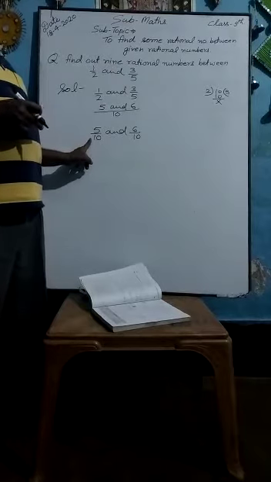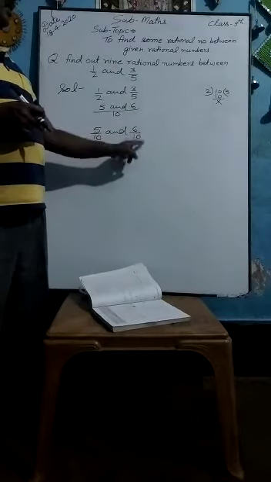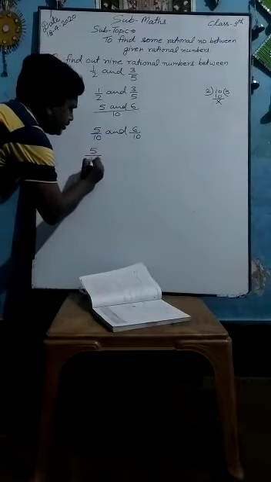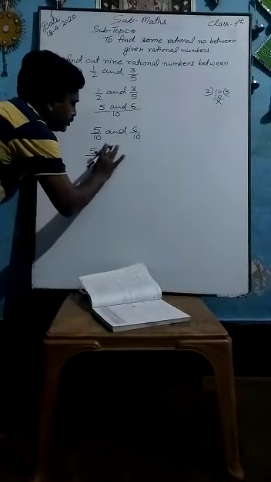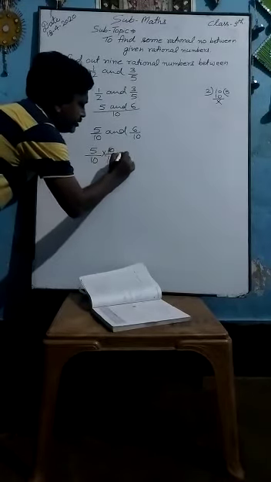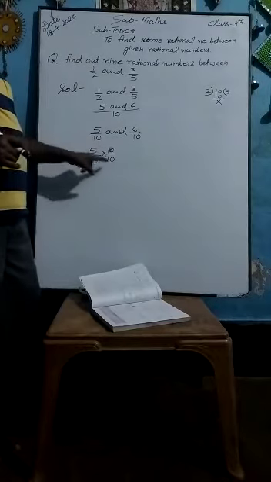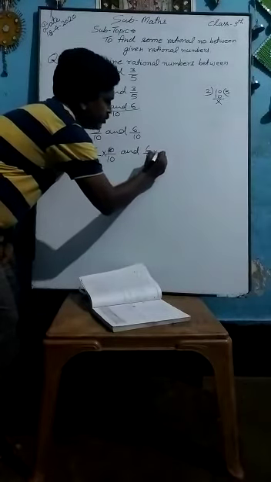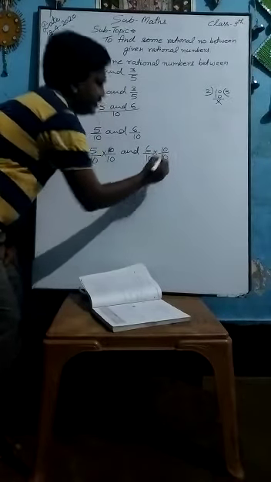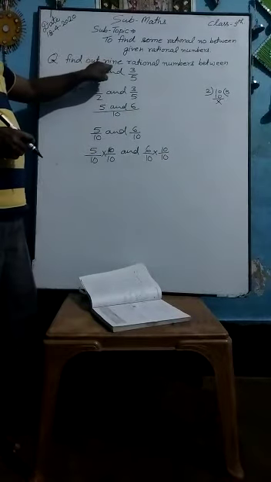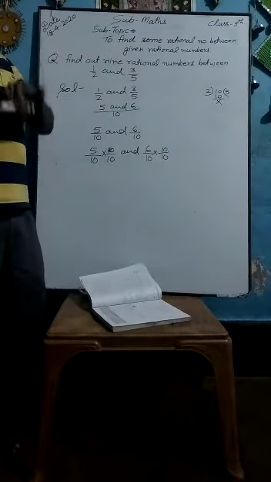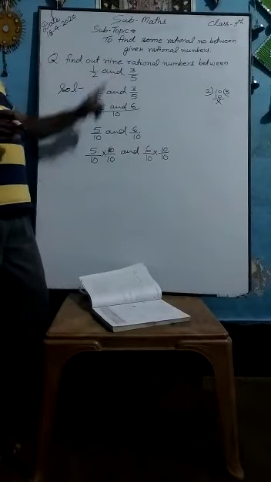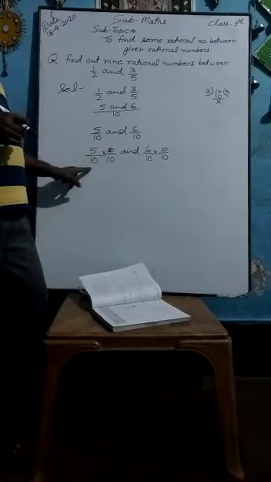You have to multiply the numerator and denominator of both rational numbers by 10: 5/10 times 10/10, and 6/10 times 10/10.